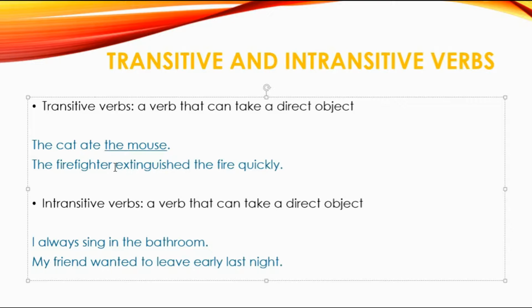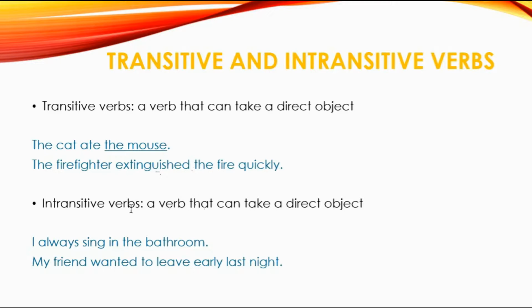All you need to know is how to distinguish between them in a sentence, right? The second sentence: the firefighter extinguished the fire. Extinguished something. So we have a noun right after the verb. If you have a noun after the verb, then it is a transitive verb, okay?